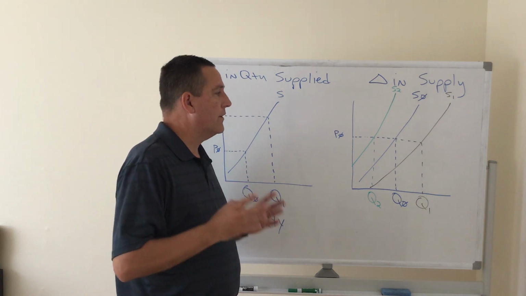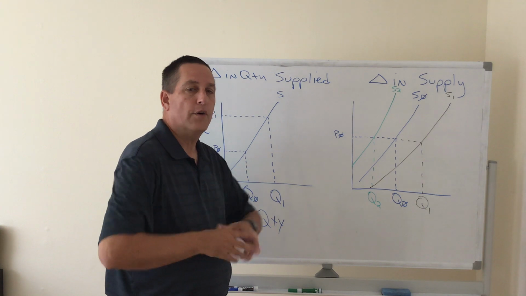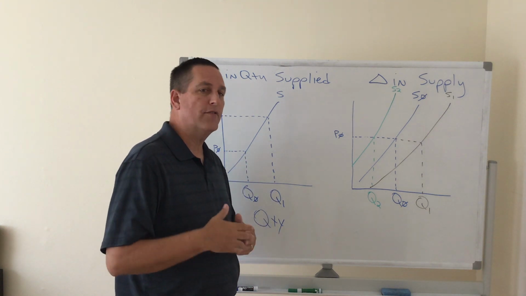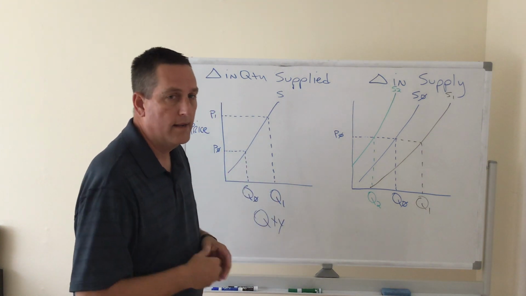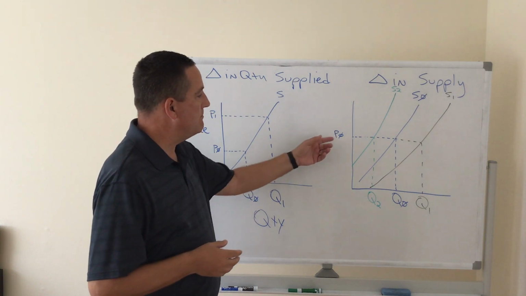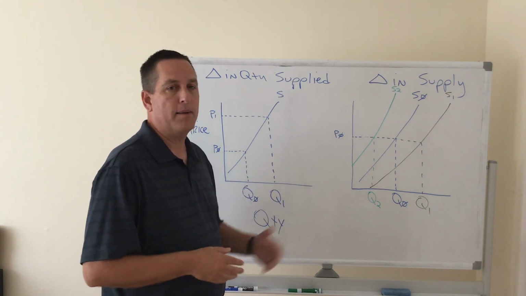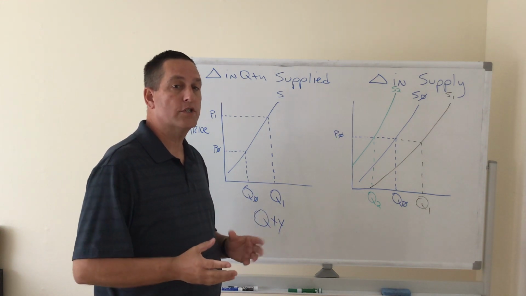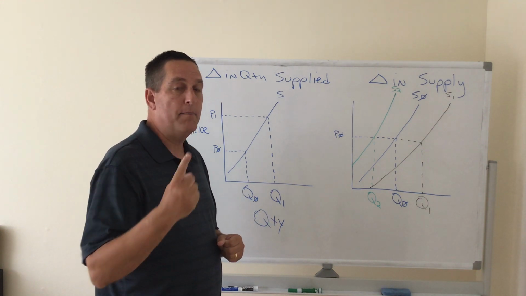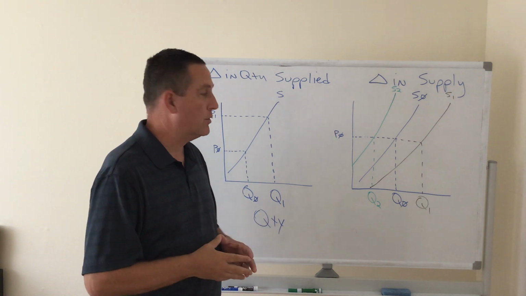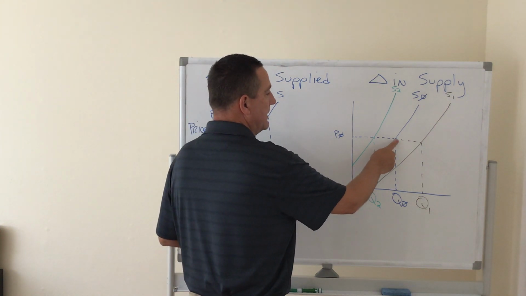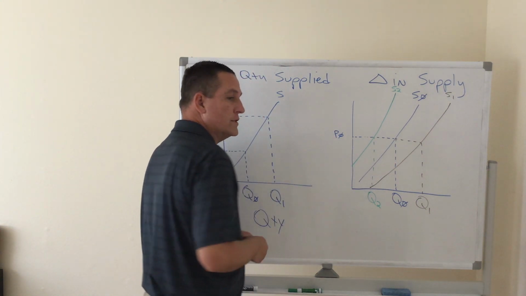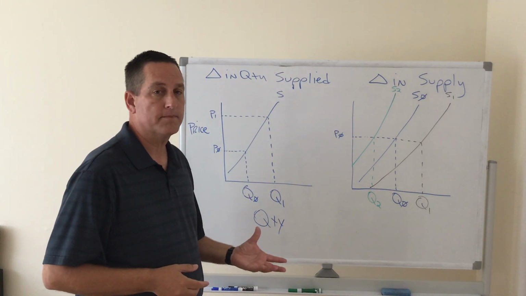If you're a hamburger stand and you have to pay your workers more money, are you going to want to make the same number of hamburgers at that price? No. When the cost of resources goes up, it's more expensive to make the hamburger, and you're going to want to provide fewer hamburgers at those same exact prices.